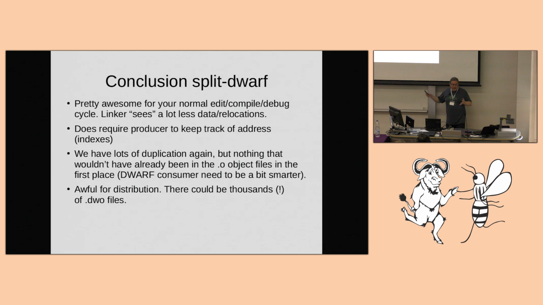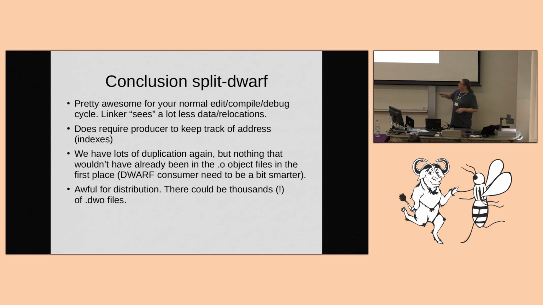It does again require the producer to keep more information. And funnily enough, the duplications come back because the linker isn't there to deduplicate them, and the dwarf consumers do need to be a bit smarter.